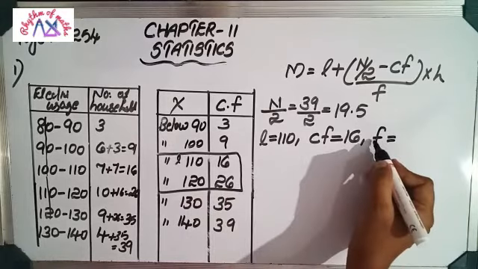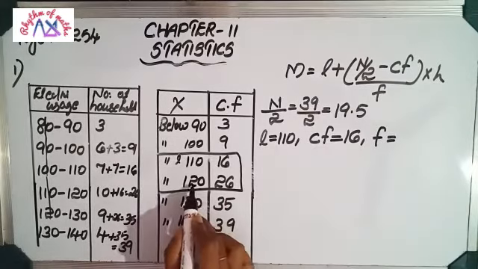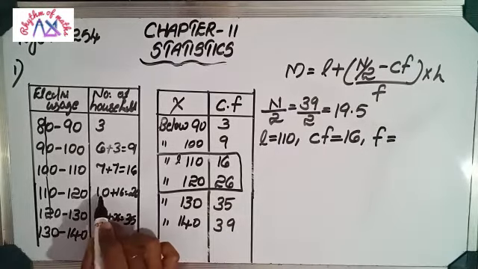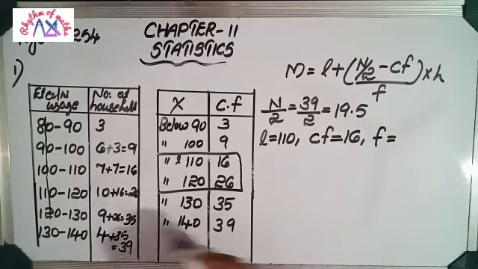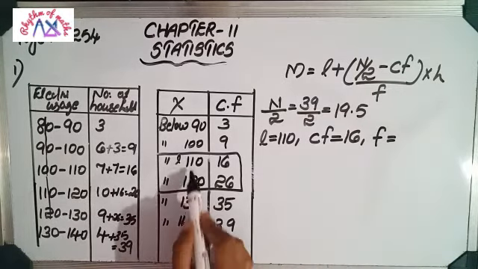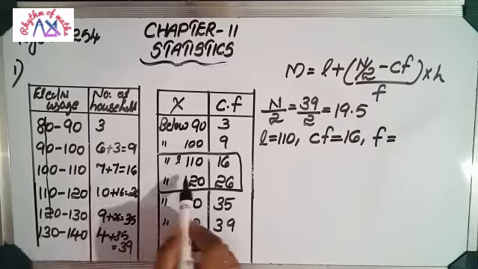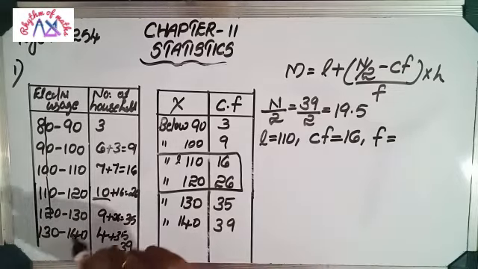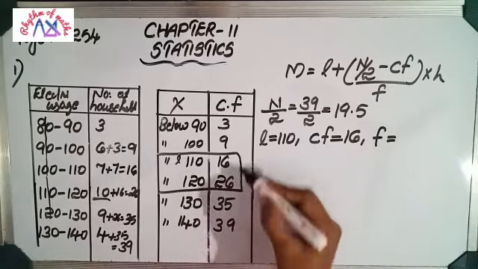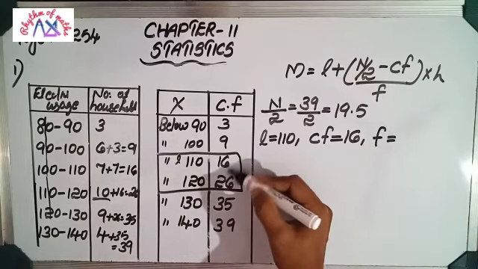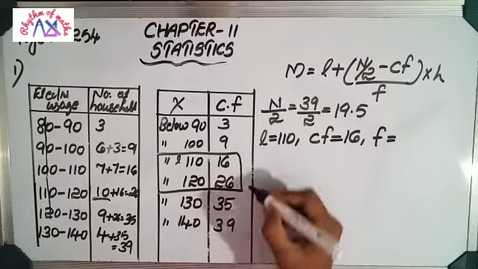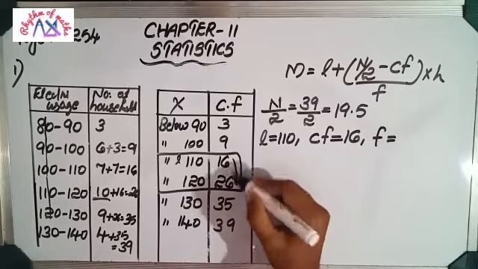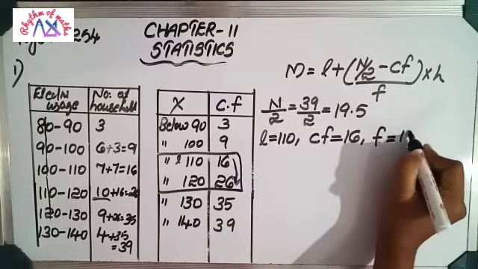In order to get frequency, the method is this: 110 to 120's frequency is what? 10 was the frequency. If you are confused with that value, no issue. You just find the difference of these two numbers, 26 minus 16. Answer is 10.